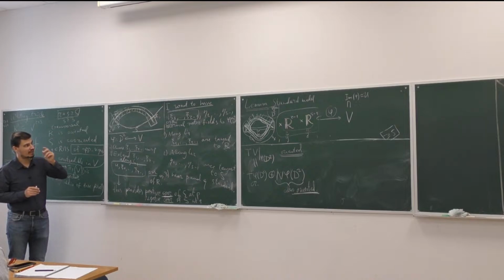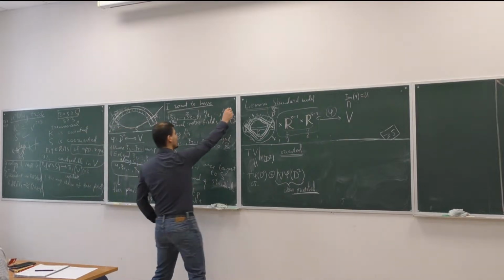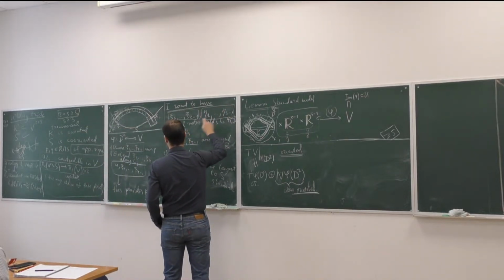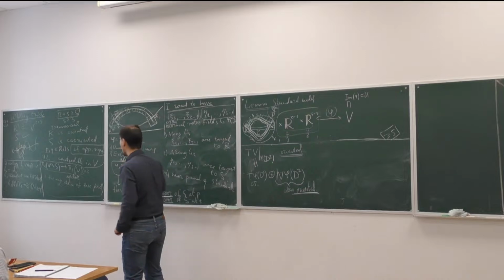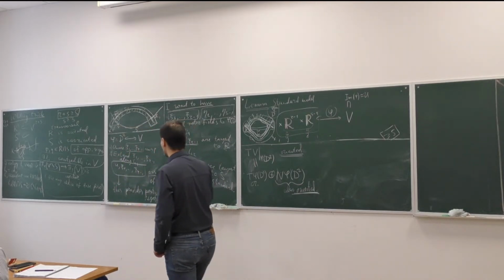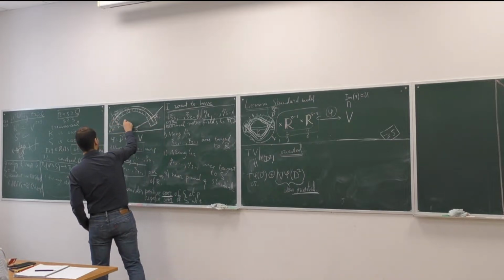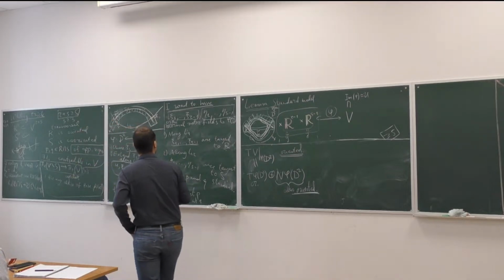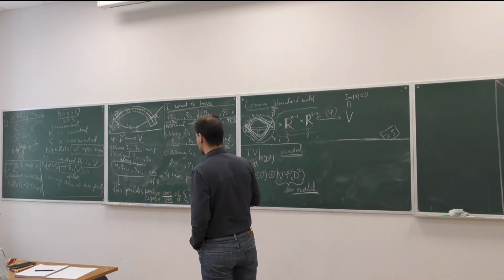What is important? I claim that I can find these vector fields at least along S. Why? And along N2. Why is this true?